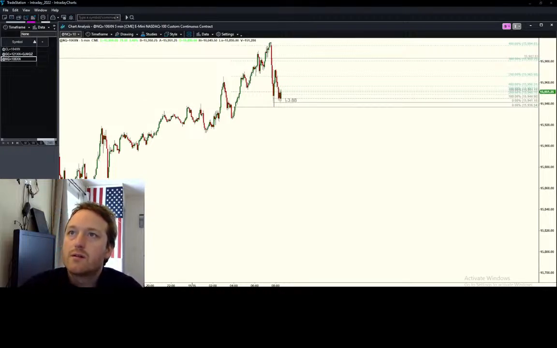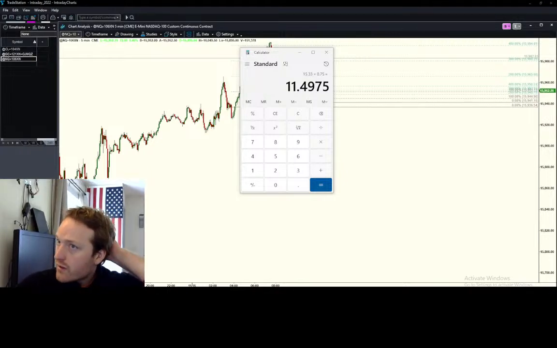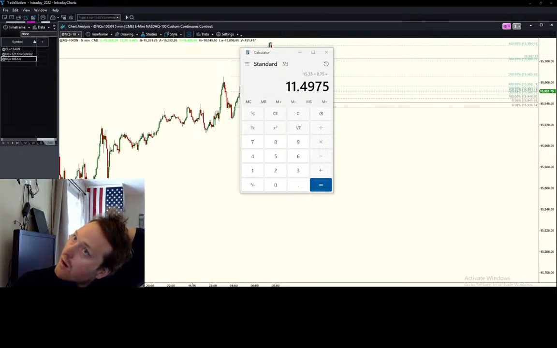So Piz 75% of 15. I don't know what that is. 11.5. So my Piz loss would be 11.5 apples I'm risking now. So in total 11.5 plus 2.4.